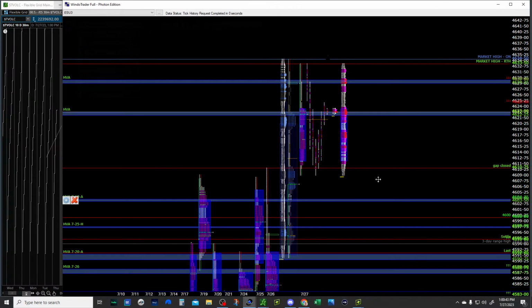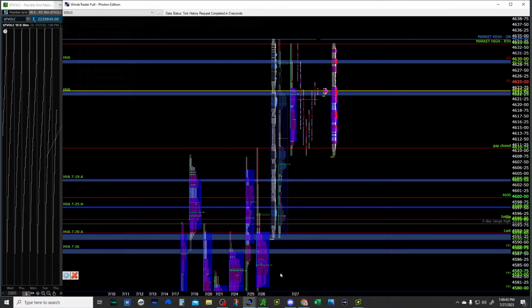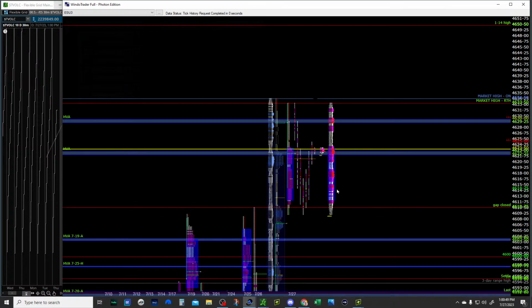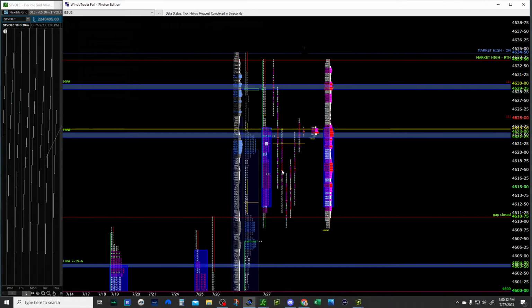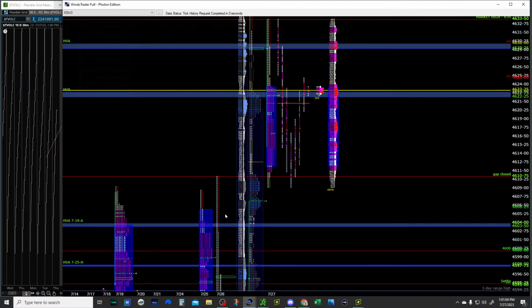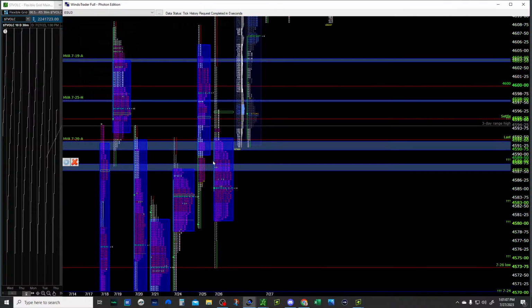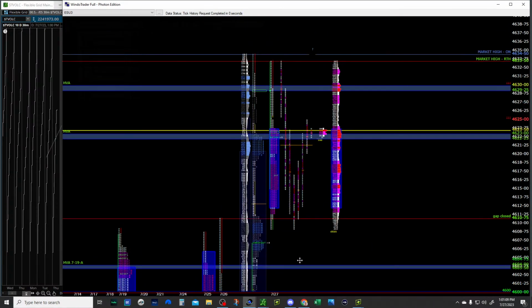What's happening with value? Of course, we have value higher after the gap. Obviously the value is going to be higher. But what happens with value throughout the session is what I want to see here. Can value come back inside this six-day range?